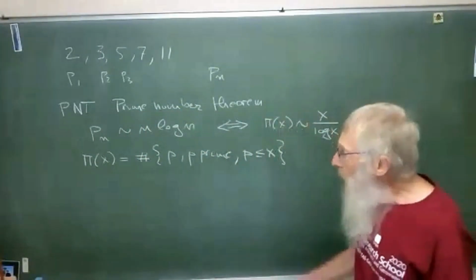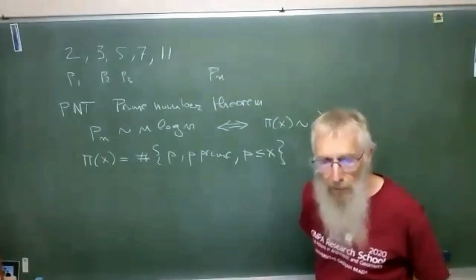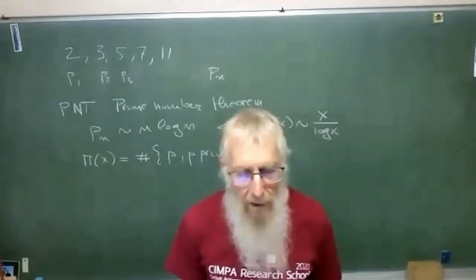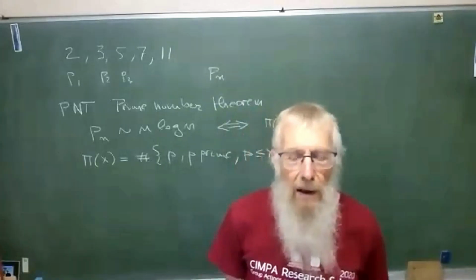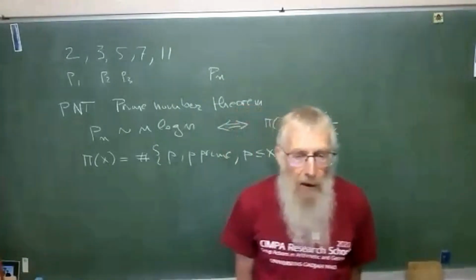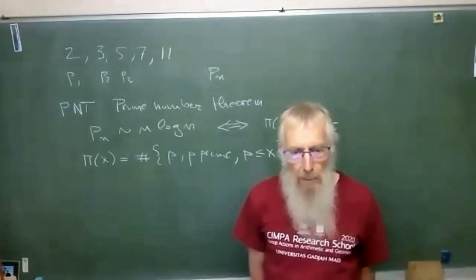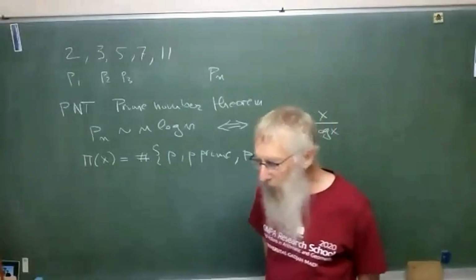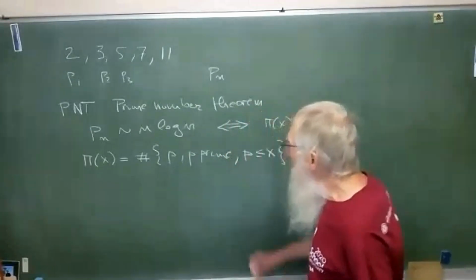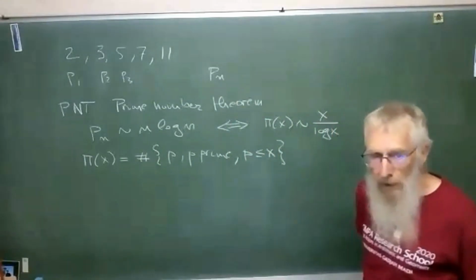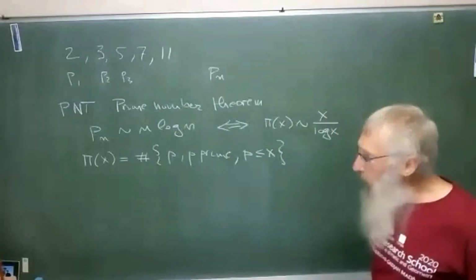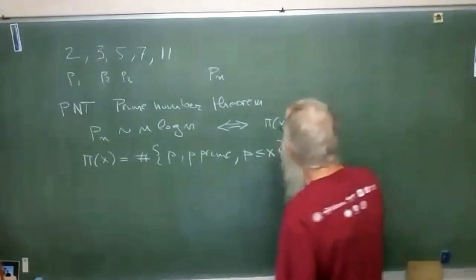The main tool to study this sequence of prime numbers is analytic number theory, which was essentially introduced in this topic by Euler. And so Euler studied the sequence of prime numbers by looking at what is called the Riemann zeta function.